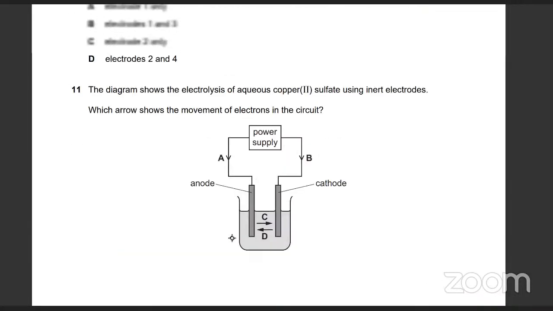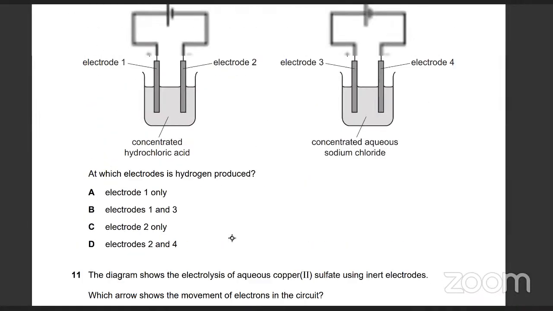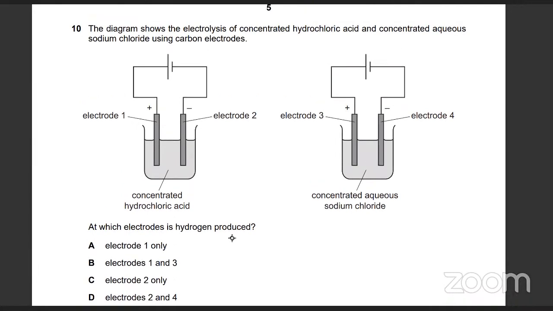Okay, next. Electrochemical cell, no, electrolysis, sorry. There is a battery, that means it's electrolysis. So electrons are coming in, going back to the battery, coming in, going back to the battery. What ions are there in NaCl solution?